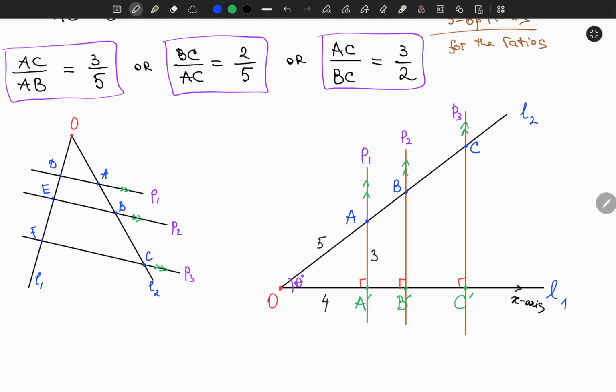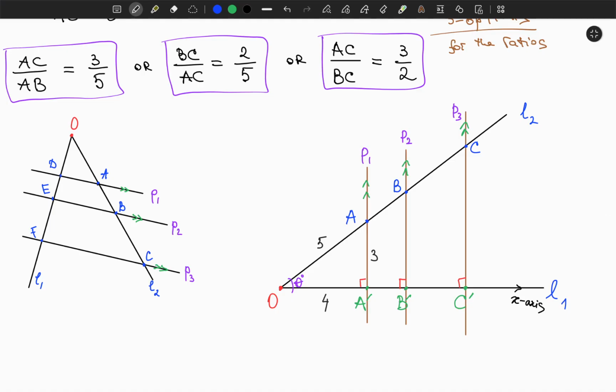But what are we going to do? We're just going to extend and do the bigger triangle. A bigger triangle doesn't change the angles. All these angles are congruent to these angles. But we see the measure of the sides changes.